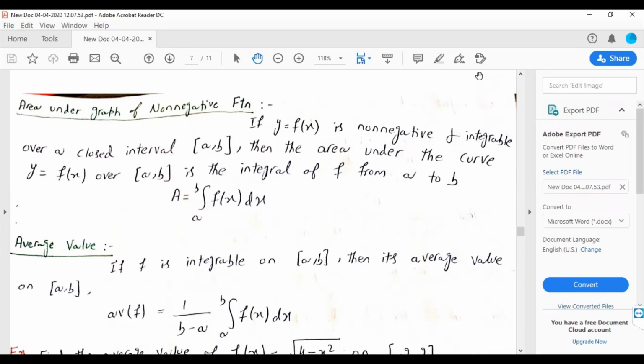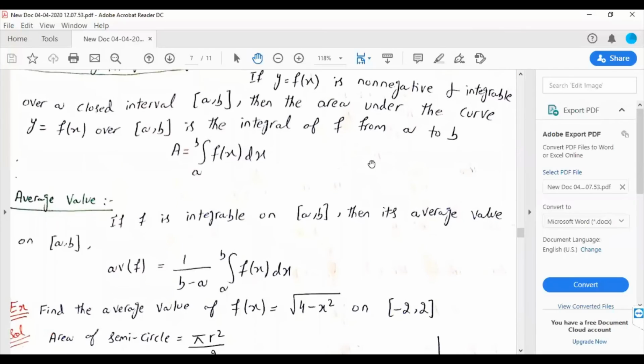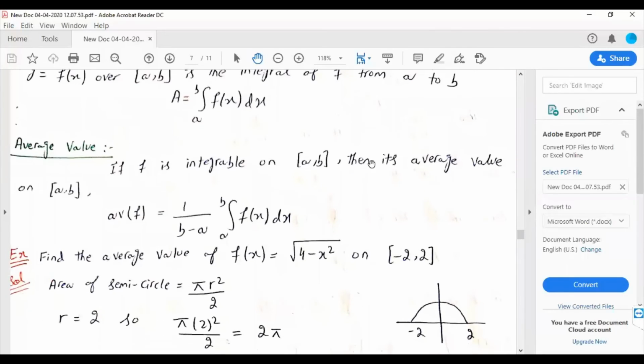In order to find this average value, one must integrate the function by using the fundamental theorem of calculus and divide the answer by the length of the interval. So the average value or the mean value of the function on the interval a to b is 1 by b minus a into the integral from a to b of f of x dx.